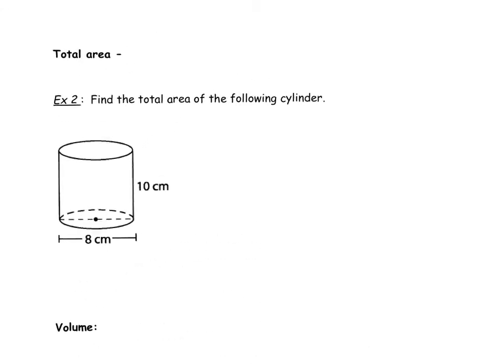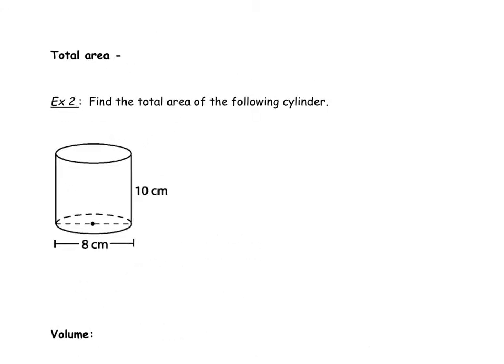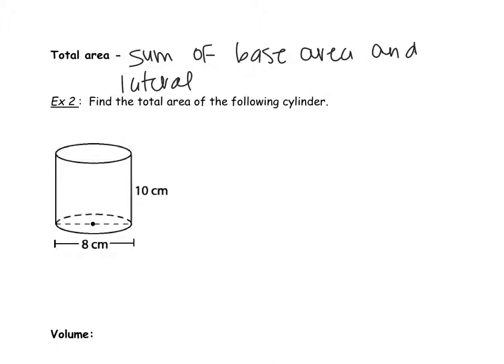Now we're going to talk about total area, which is also surface area. So that is the sum of the base area and lateral area. And in this case, because each of those areas had their own formula, there is a formula for the total area of a cylinder.